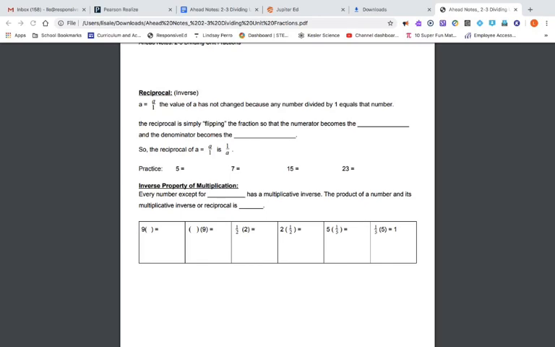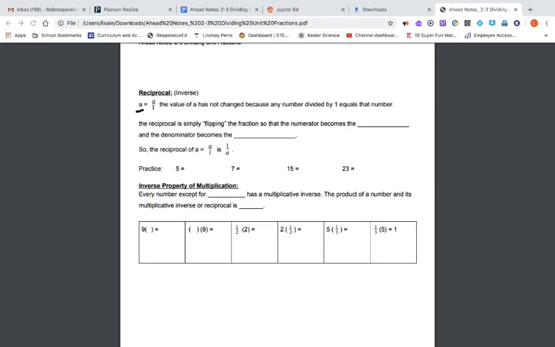And all that is saying is that I have some number, whatever my number is, A. It could be any number. And then A over 1, I have not changed the value. I'm just showing it to you as a fraction.